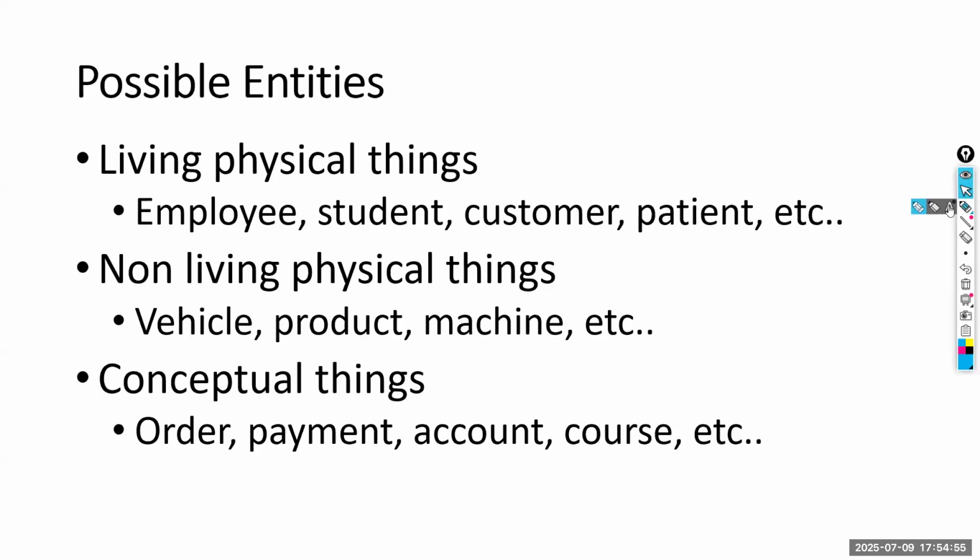Conceptual things can also be entities, like order, payment, account. Is it clear? Unless you understand entities, and especially the difference between entity and attribute, how can you draw ER diagrams?